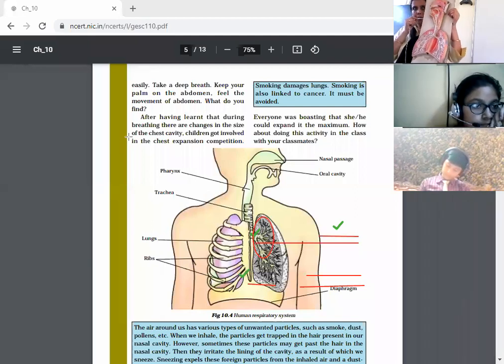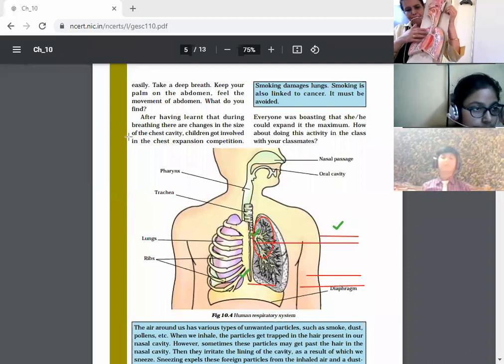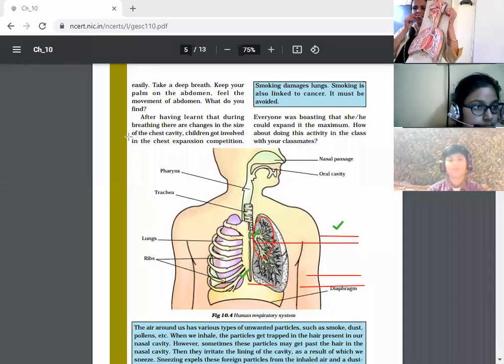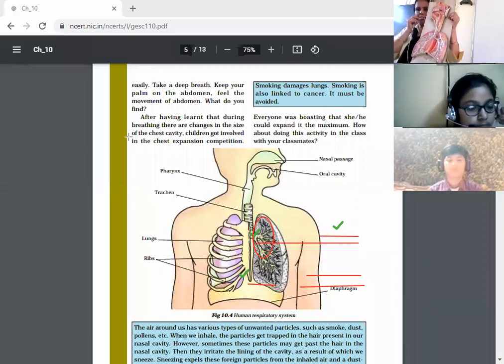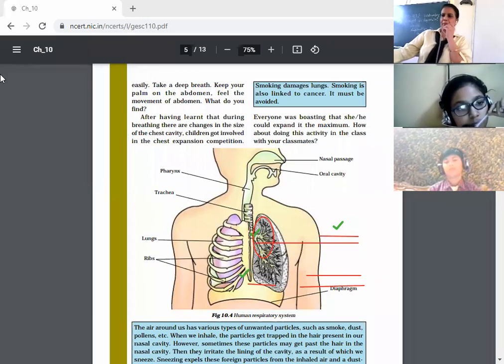Is that okay? Are you able to understand? In the lungs, the exchange of gases takes place. Oxygen gas is used, and carbon dioxide gas and other waste gases are exhaled out. So this is how the process of respiration works.